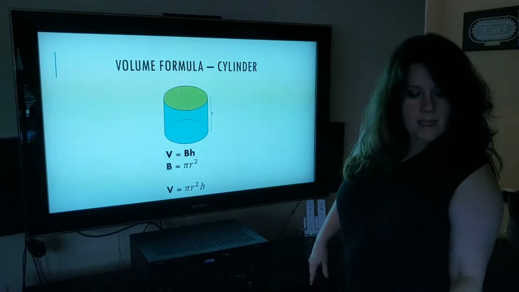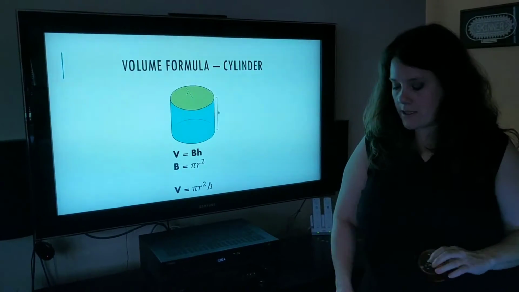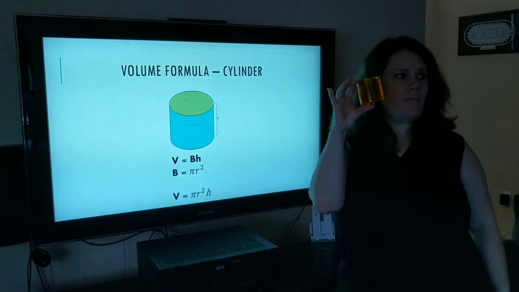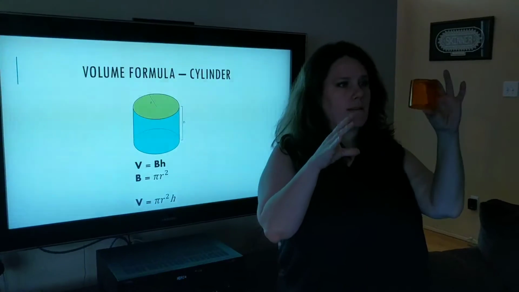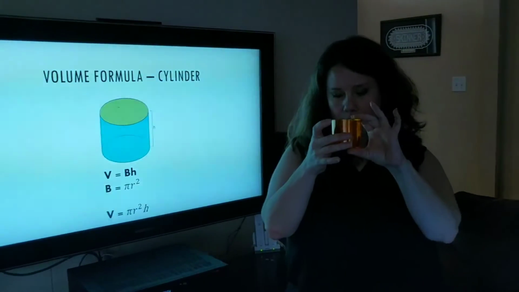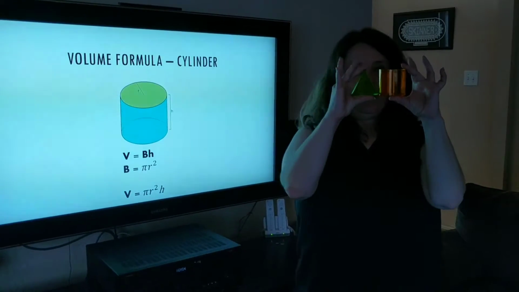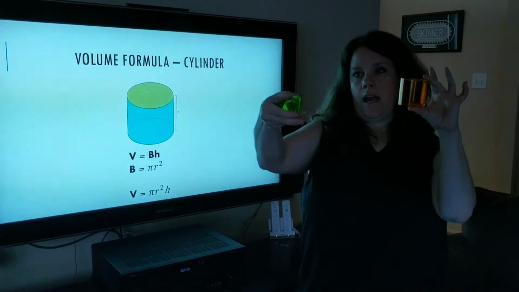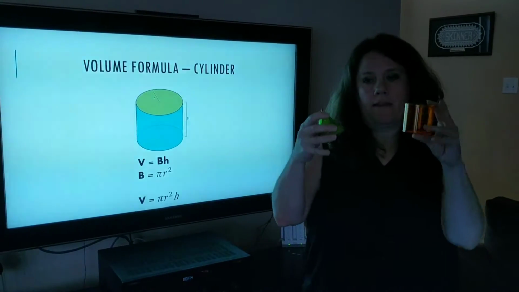Okay? Now I want you to consider the cone, right? So we have the cylinder. You can think of like a soda can, a soup can, something like that, a similar shape, right? A cone is this shape, so like an ice cream cone or like the orange traffic cones, something like that.